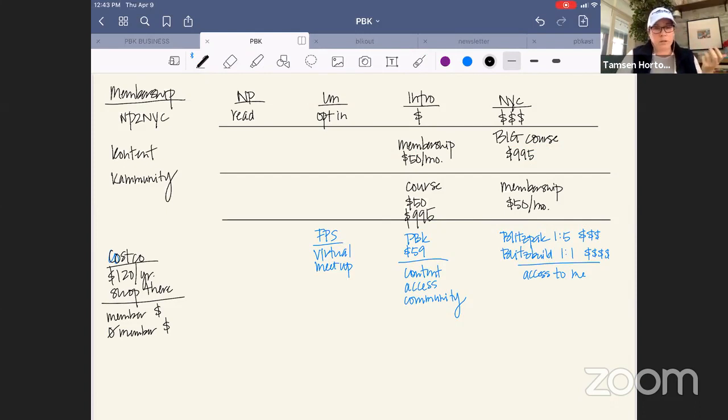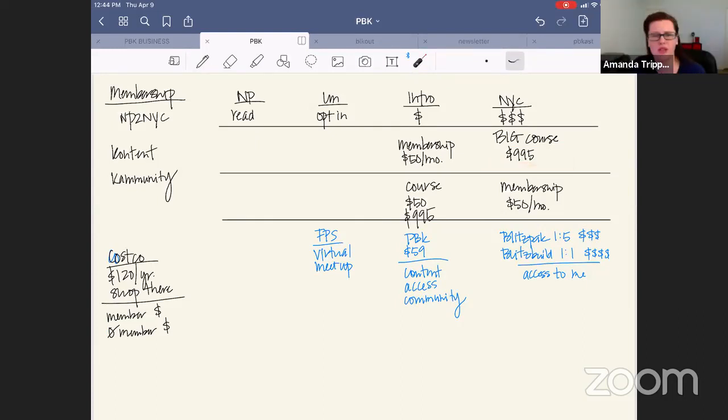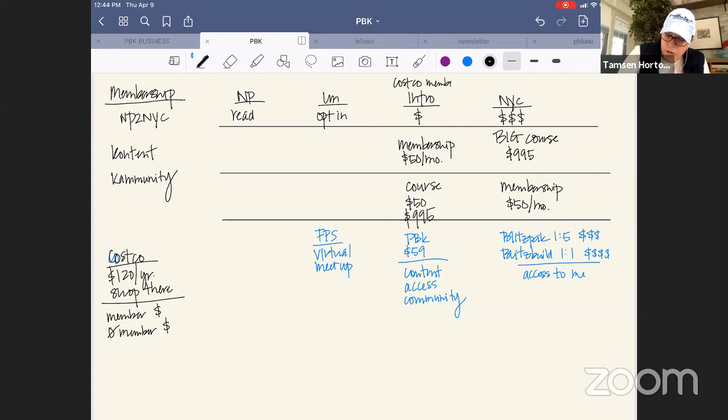But the biggest piece is you've got to know where it fits. Where is it, intro, or is it New York City? So would something like the Costco be an intro, or would that be more of a lead magnet? You can put your Costco membership wherever you want.